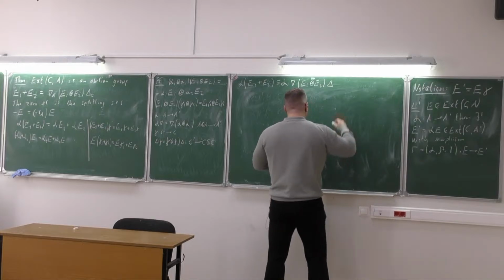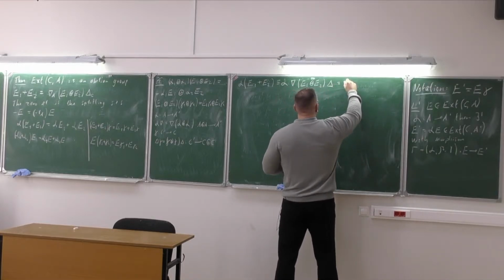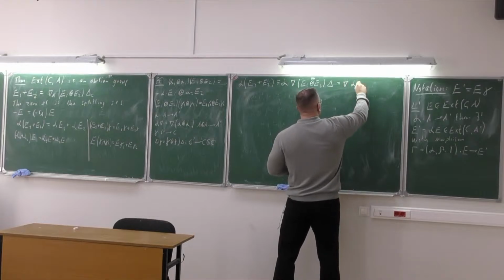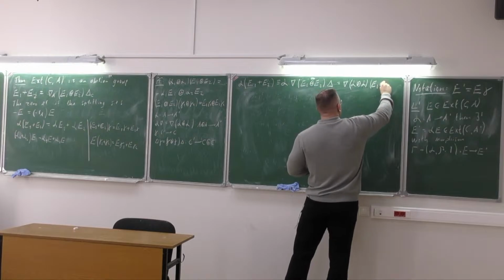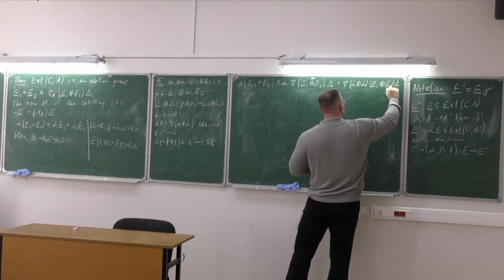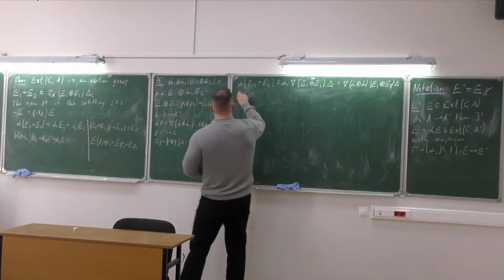Right. So then, using one of the identities, I can write this as the codiagonal, alpha plus alpha, E1 plus E2, and then codiagonal, diagonal, and this is equivalent.